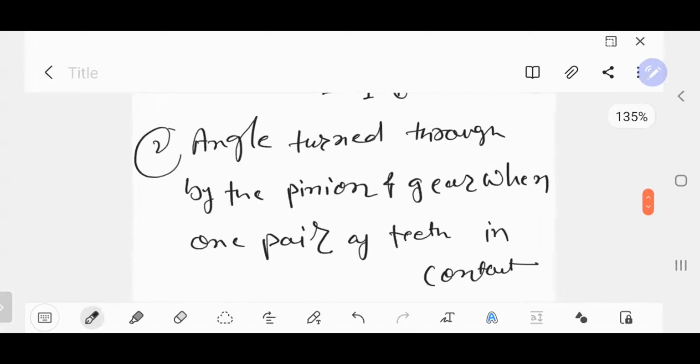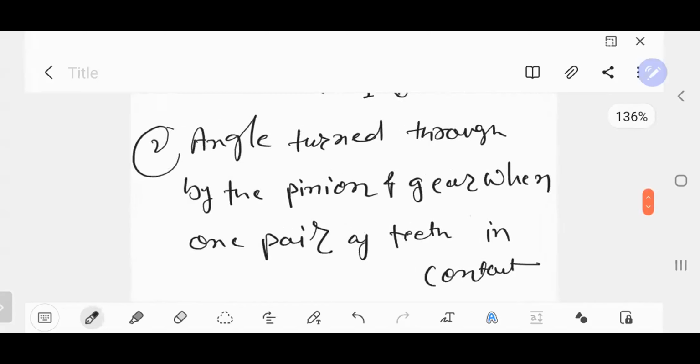Are you comfortable with this handwriting? Okay. So the angle turned through by the pinion and gear when one pair of teeth is in contact is the second thing that we need to calculate.